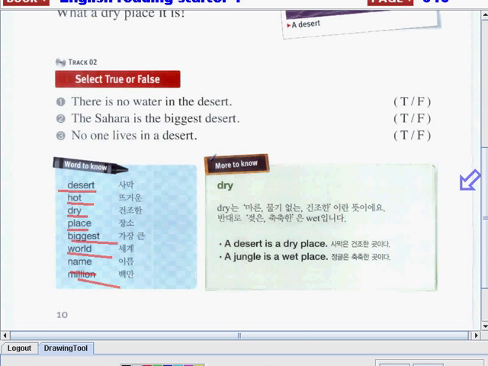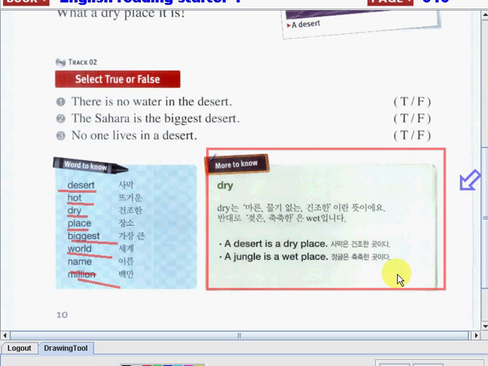Okay, so let's move to this part. More to know. There are words here that are being used in these sentences, but we will learn more things about this.